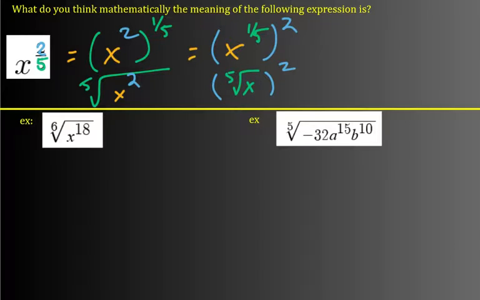I messed up my colors. OCD is tough. So you can think of this thing in one of two ways. You can either think of it as x squared and then a 5th root, or you can think of the 5th root first and then x squared. And that's just because multiplication is commutative. So when you do a power of a power, you can just swap this order. It doesn't really matter which way you do it. So that is a perfectly okay thing.